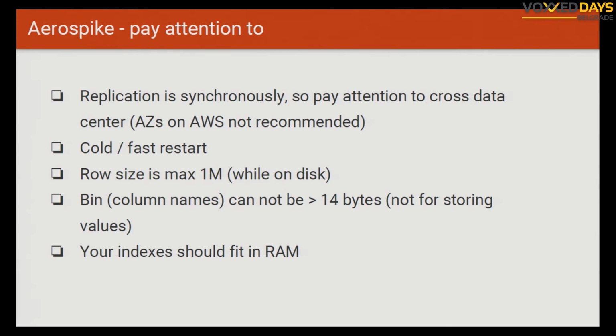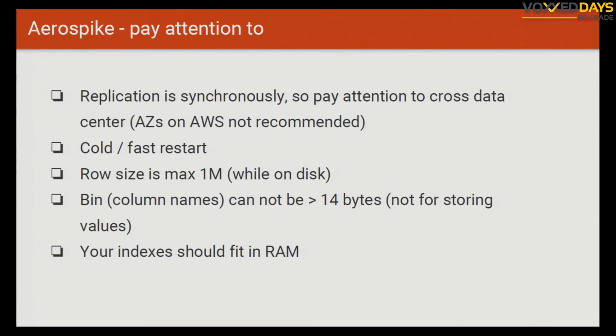Okay. What happens when you go live and you find the not so nice part? In the case of Aerospike, the replication is synchronous. They say that, so it's not hidden. They don't recommend putting a cluster in different data centers because of the latency.